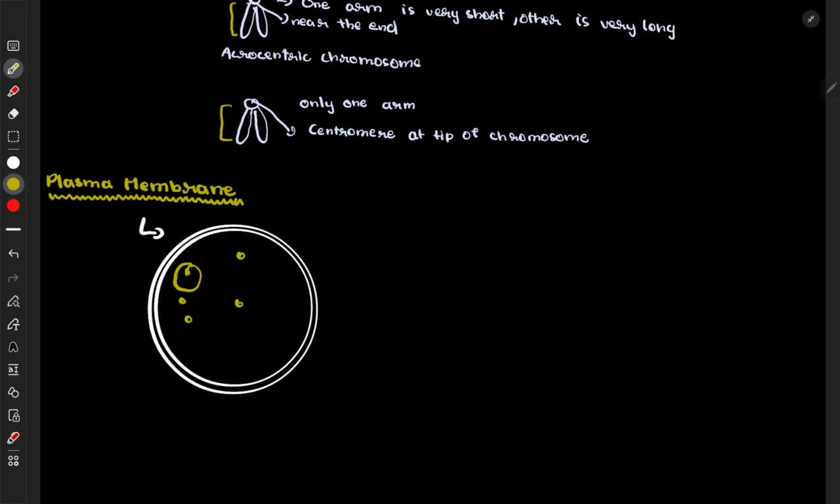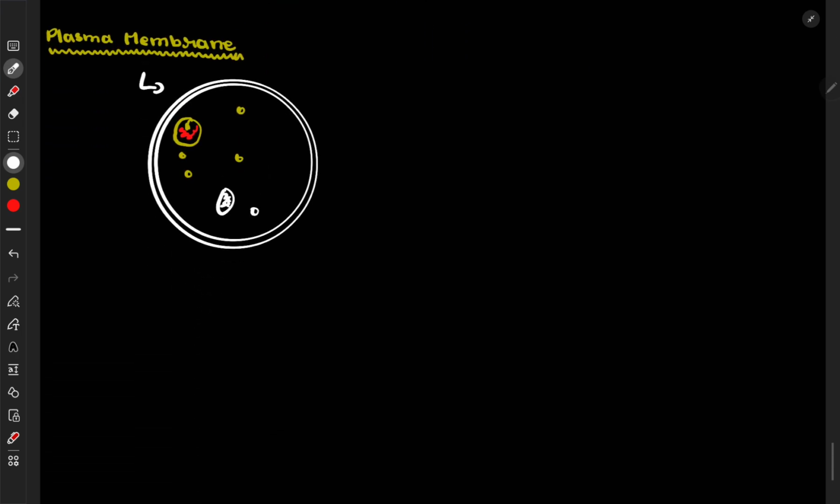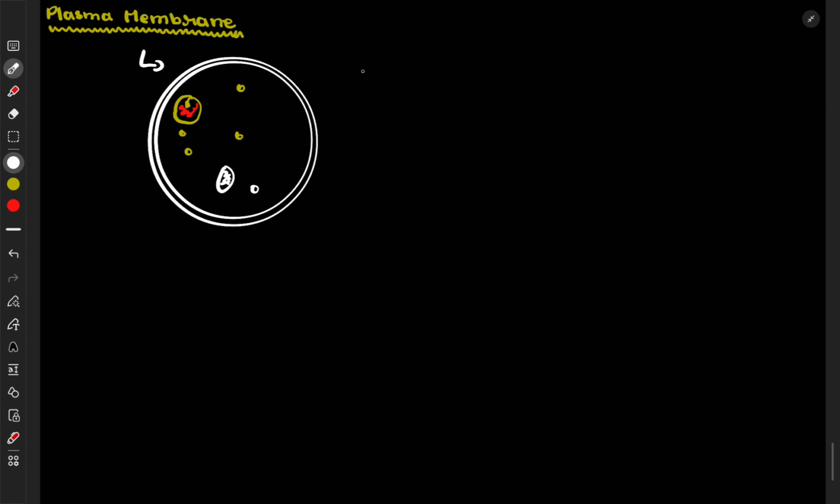I'm not gonna go much into detail, but this is what our cell looks like with more parts. I'll label them later. Now you notice that there is this membrane.